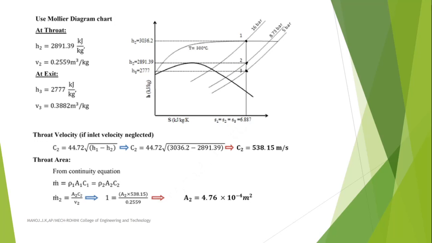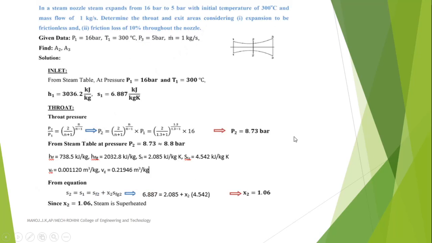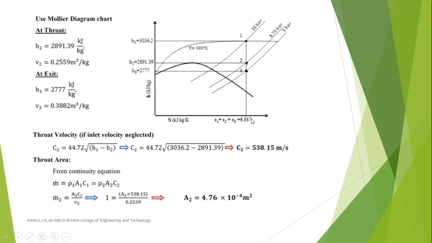In this problem, I have evaluated by using a very simple form. Another method: here, we know two different values of the exit region. That means the pressure P3 is known, that is 5 bar, and the S3 value is also known, S3 equal to S1, 6.887. Both values are known. Therefore, by using the same Mollier chart, look for the same 6.887 at the pressure of 5 bar.